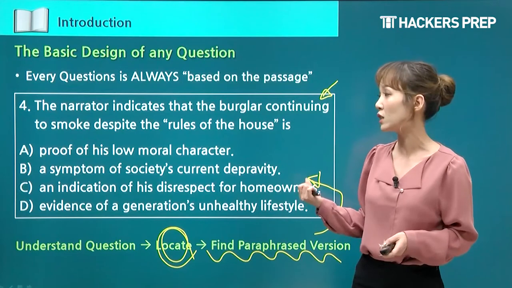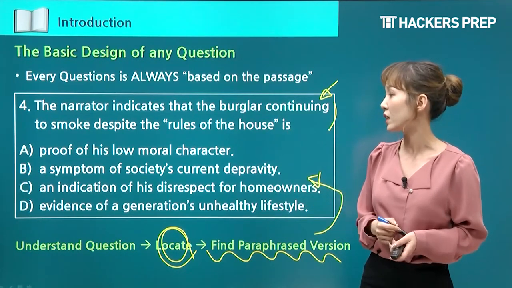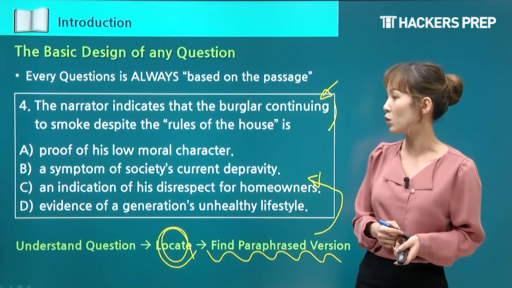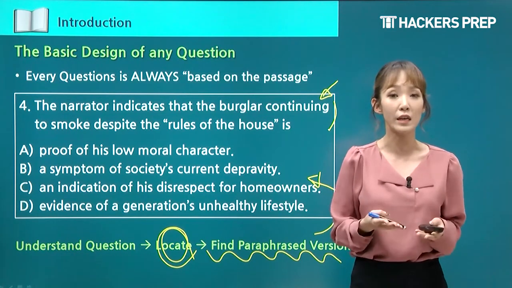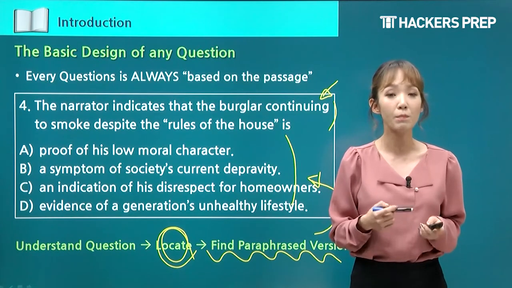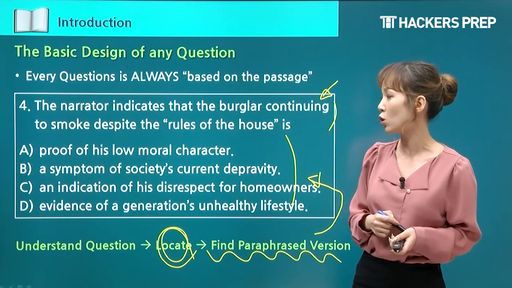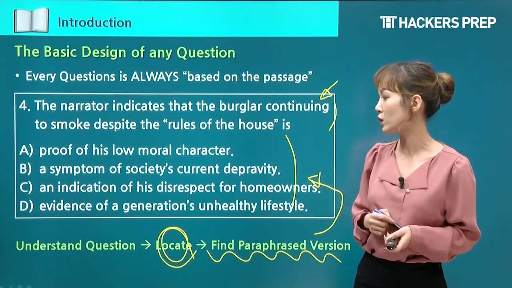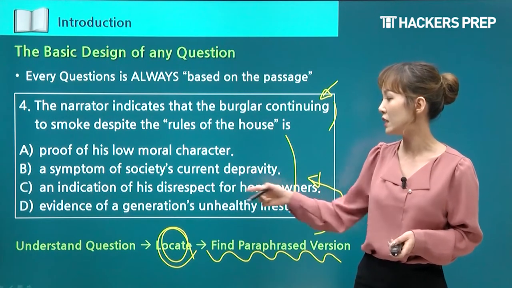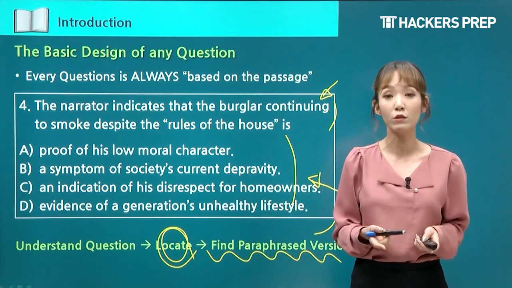So for this case, we will read the question. It says, the narrator indicates that the burglar continuing to smoke despite the rules of the house is, and then we have 4 answer choices. Meaning what? Somewhere in the passage, it is going to tell us that this is proof of his low moral character, a symptom of society's current depravity, an indication of his disrespect for homeowners, etc. So we have to find this.